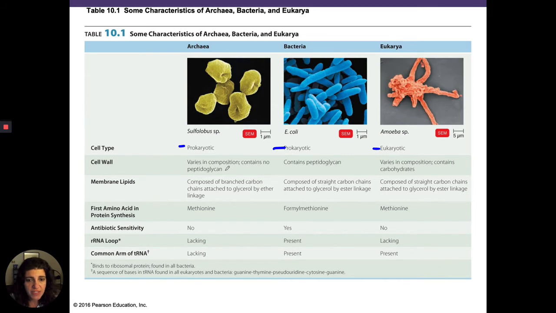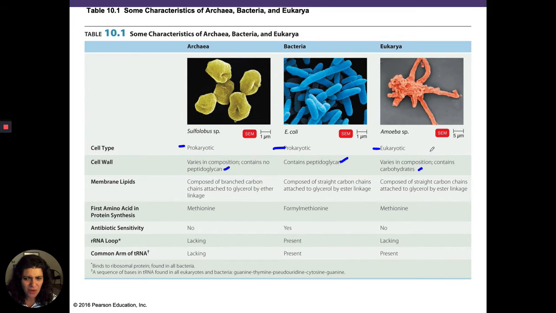Cell wall: peptidoglycan in bacteria; pseudomurein, you find that word in the book, is the name of the sugar that makes the cell wall in archaea; and there are different types of carbohydrates and proteins connected that make the cell wall in eukarya.